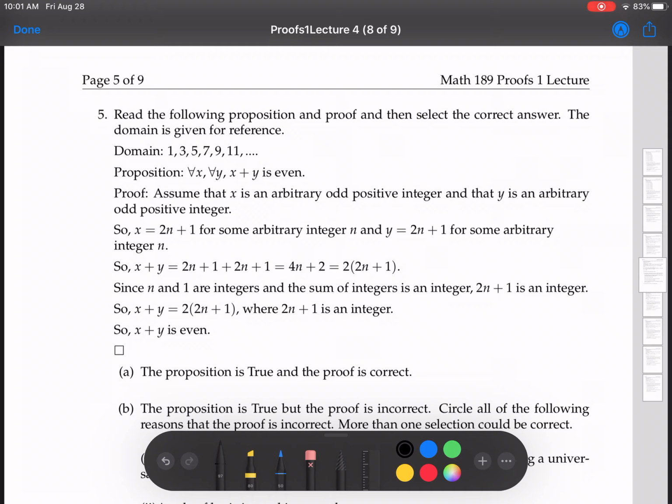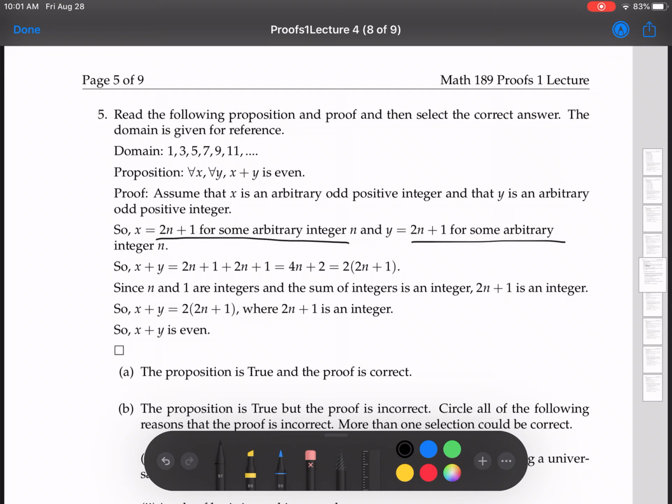Right, here's the issue. Assume x is an arbitrary odd positive integer and y is an arbitrary odd positive integer. That's correct. That's just stating the assumptions. The issue is that we say that x equals 2n plus 1 for some arbitrary integer n, and then we say it again.